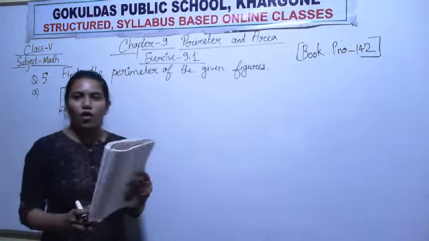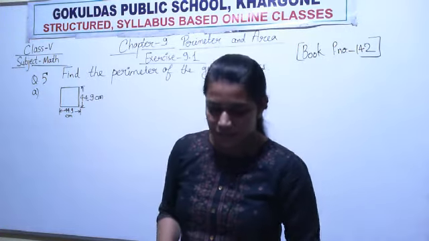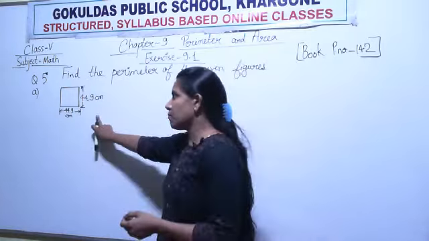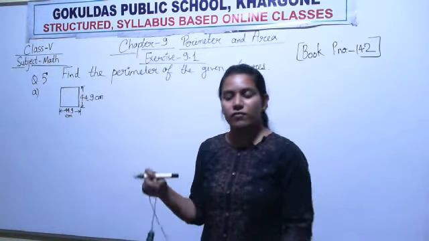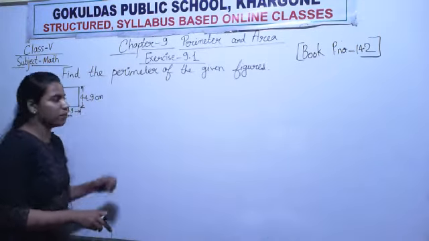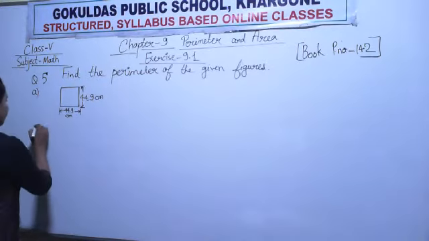Right? The length of each side is 44.9 centimeter, and you want to find its perimeter. As the shape is a square shape, so we will apply the formula of perimeter of square, because the given shape is a square shape.